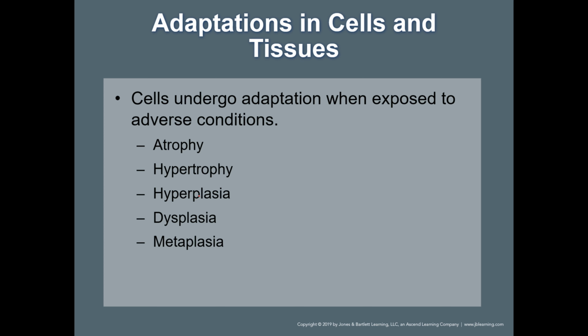All right, and then we have dysplasia. Dysplasia means it's an alteration in the size or the shape or how the cells are organized. And then metaplasia is usually something reversible, reversible cellular adaptation of some type. It's going to be replaced by another cell.